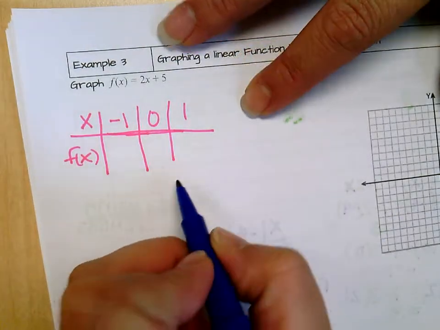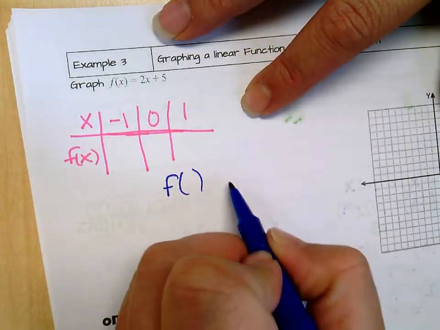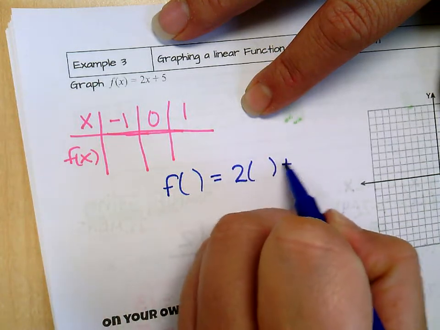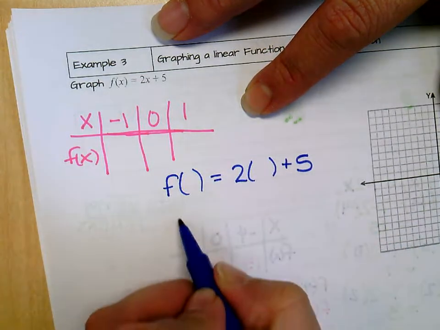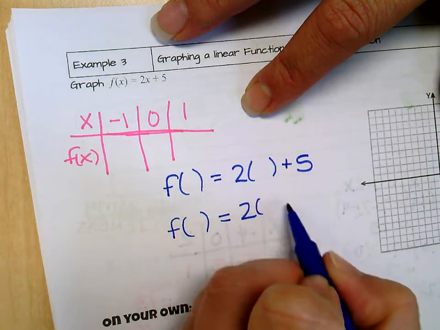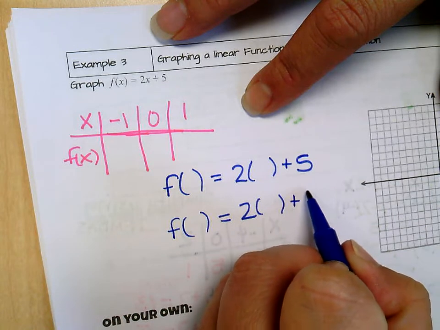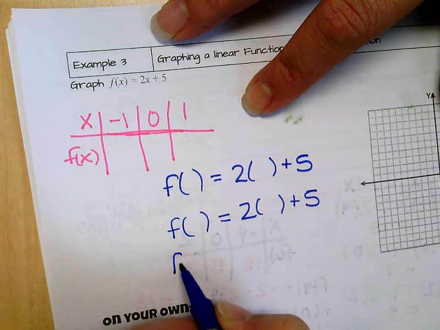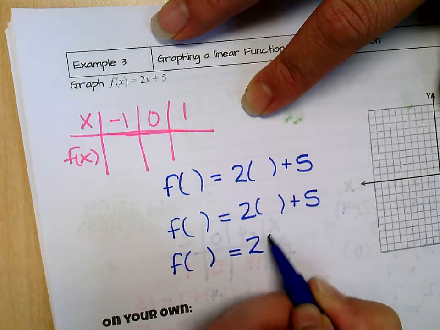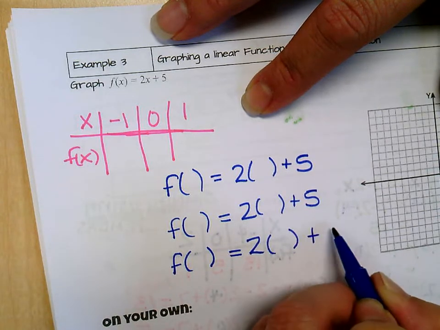Anyways, all right, so my f of x equals 2x plus 5. You don't have to write all of this out if you don't need to. I am just writing it all out so that you can see what's happening inside my math brain.